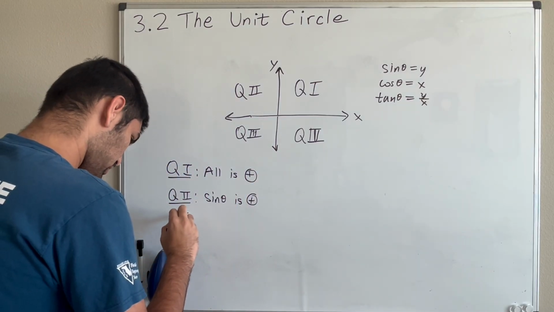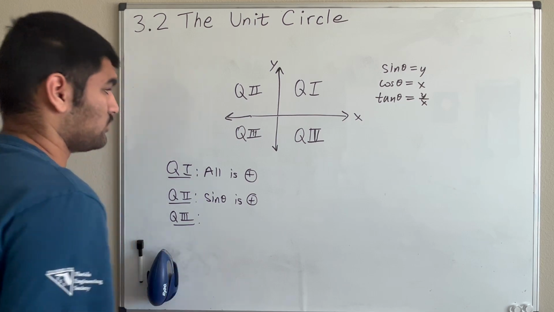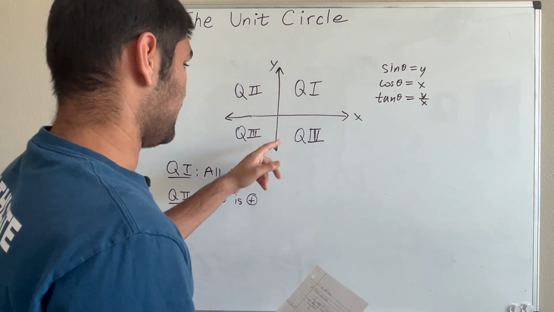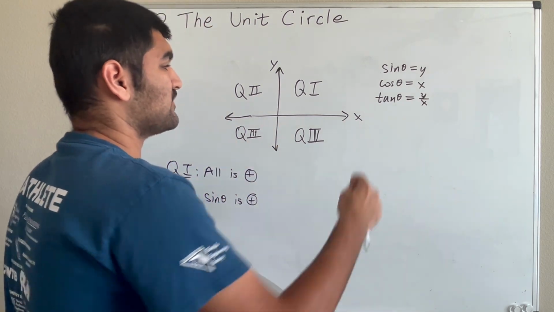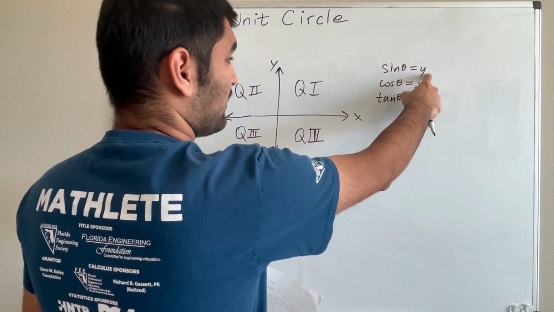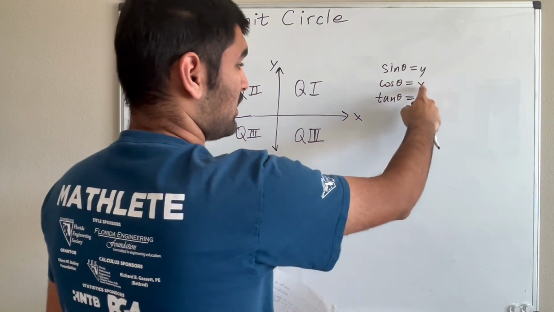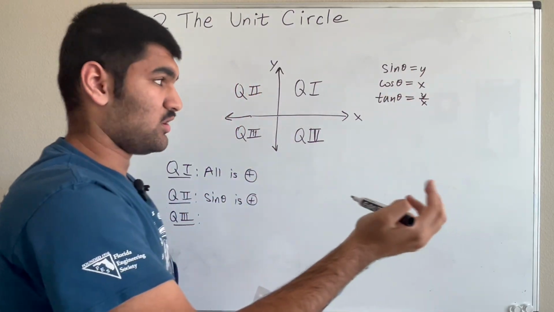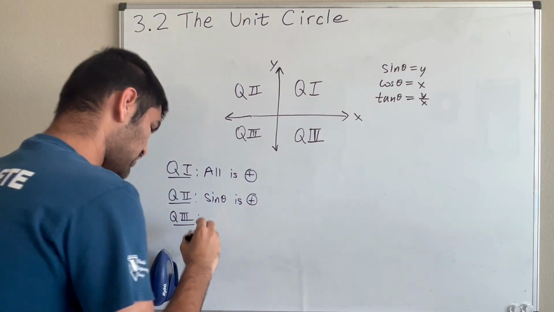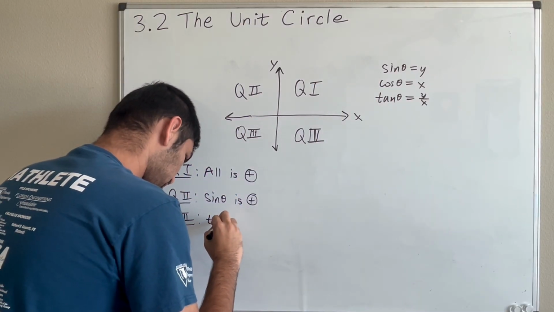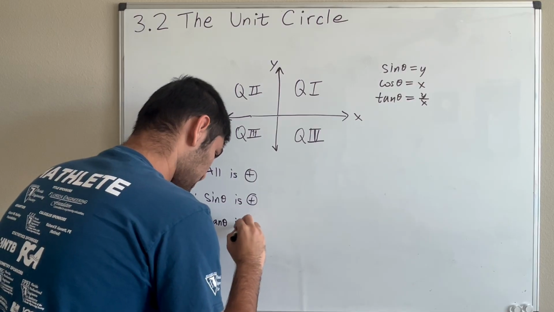And then quadrant 3, we see that both x and y are negative, right? And so that means that cosine theta is negative, sine theta is negative, but tangent theta, negative over negative, is actually positive. So in quadrant 3, tangent of theta is positive only, and then everything else is negative.